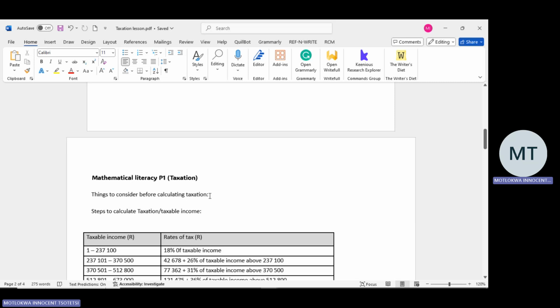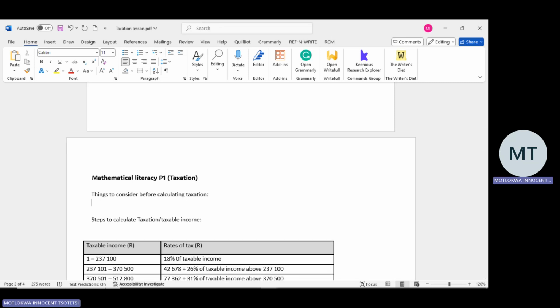The first thing that you should consider before calculating taxation is the tax threshold. When it comes to tax threshold, we don't deduct it from a salary.